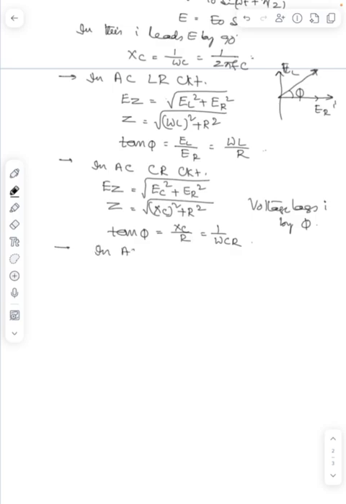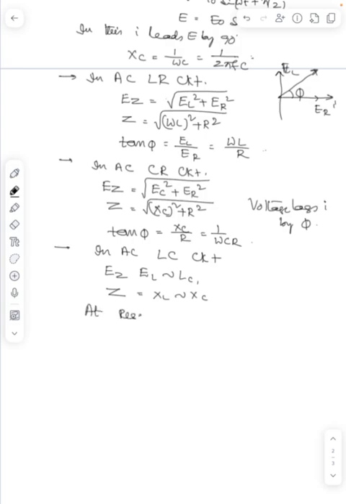In an AC LC circuit, E Z equal to E L difference E C and impedance Z equal to XL difference XC.